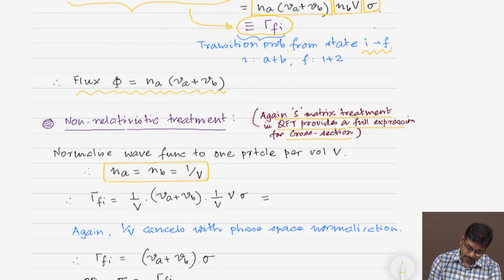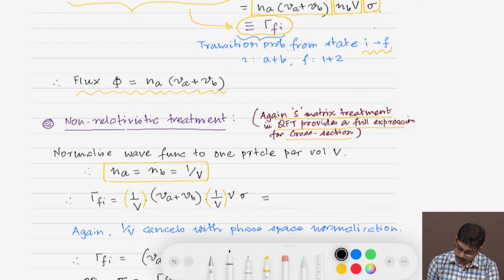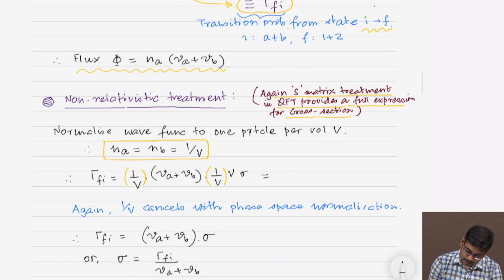Now, for Na and Nb, we are going to replace them with 1 by V and 1 by V. And you see in this process that one V cancels and we have (Va plus Vb) by V times sigma.